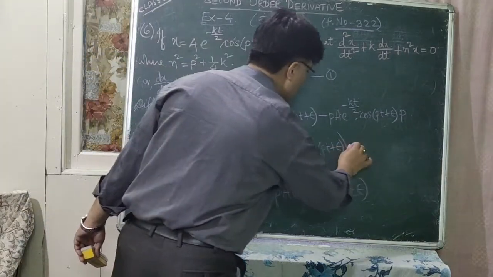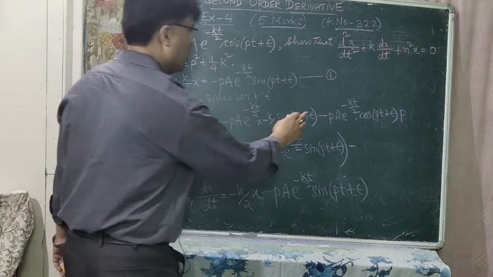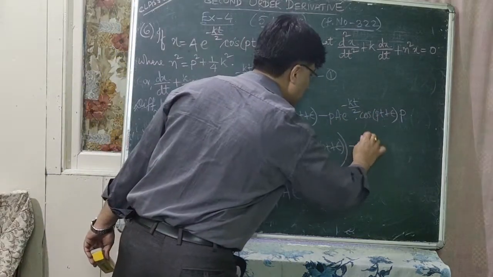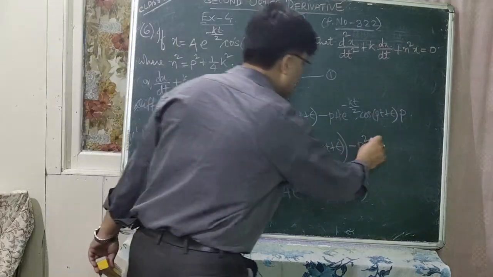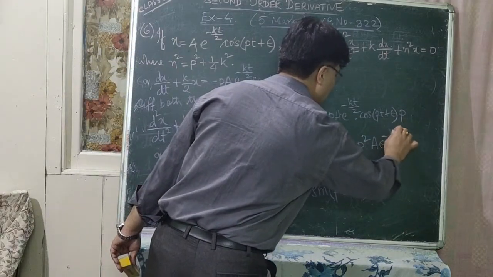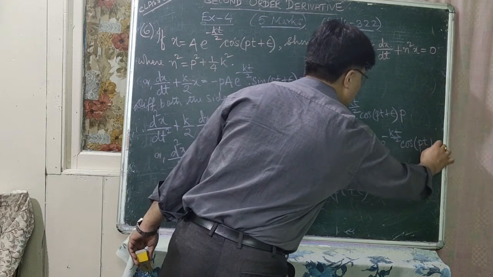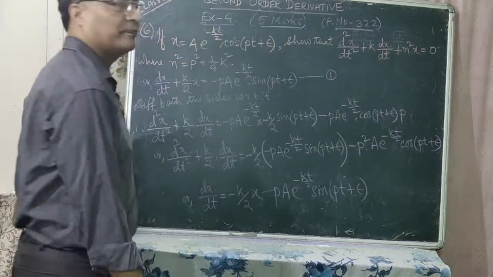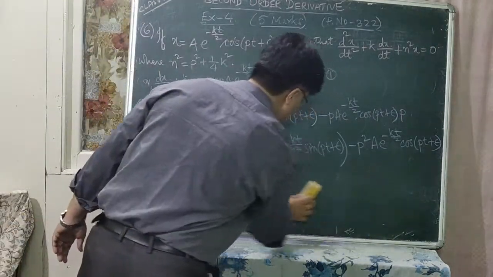Okay. So minus here, this p into p is p square, right? Then write down capital A e to the power minus kt by 2 cos pt plus epsilon. So I think you have understood it. So now you can simplify it further.